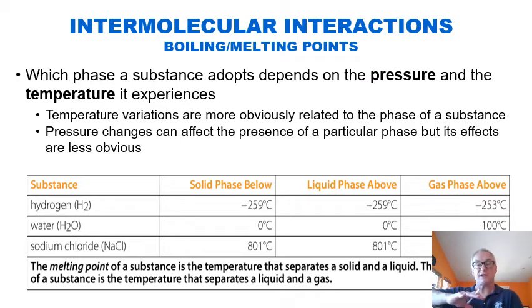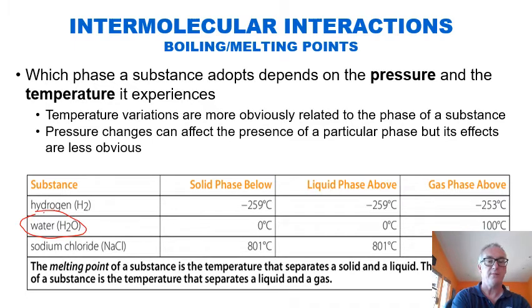And when they start to interact with each other, they start moving less and they convert from a gas into a liquid. And you can see some of the examples here.